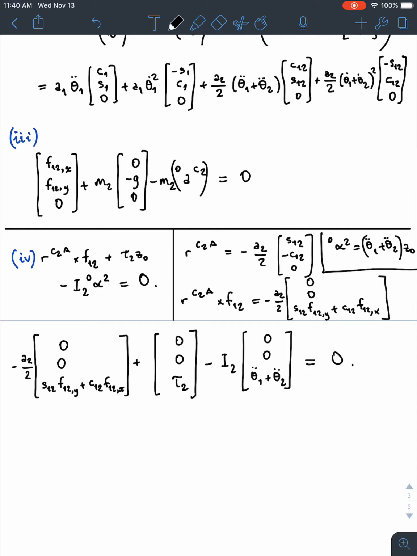Okay, so that completes our discussion of the equations of motion.